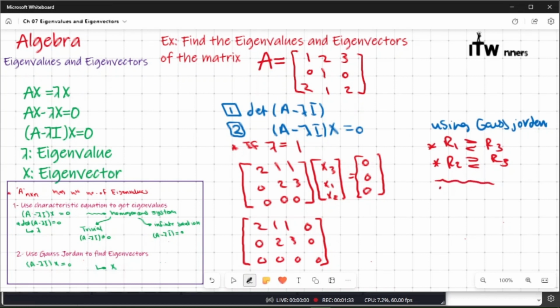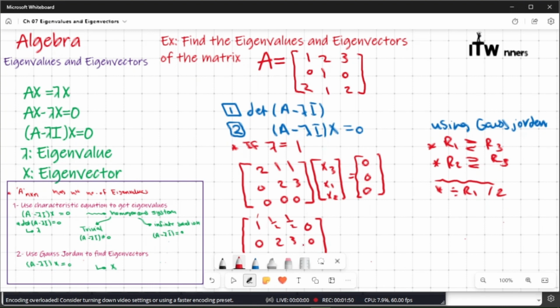The next operation is to divide the first row by 2. So we will obtain 1, 1 half, 1 half.